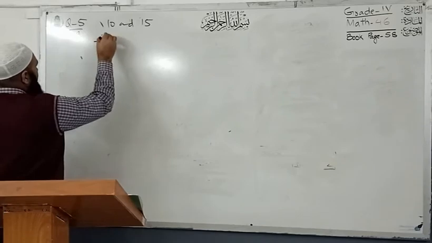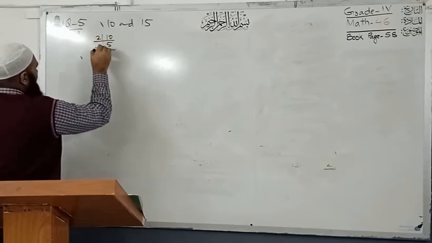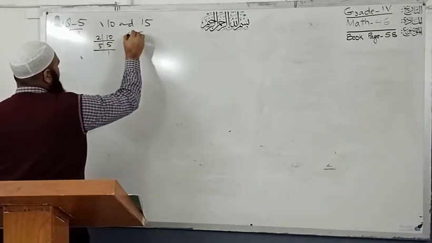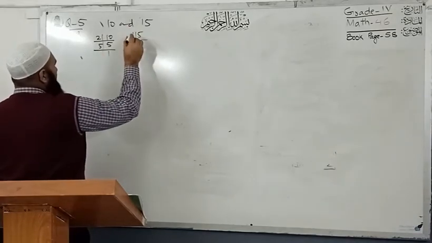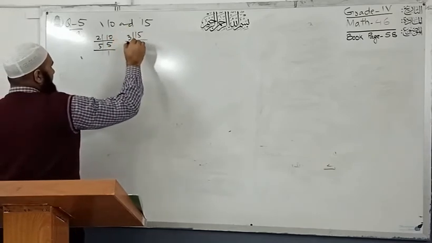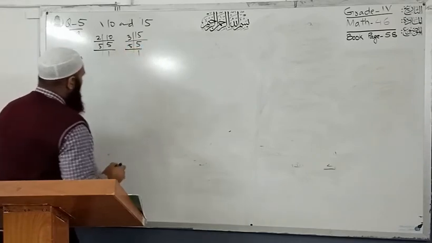So start dividing 10 by 2, we got 5, and 5 divided by 5 is 1. Okay, now start dividing 15. 15 is only divisible by the lowest prime number 3, we get 5, and 5 divided by 5 we got 1.